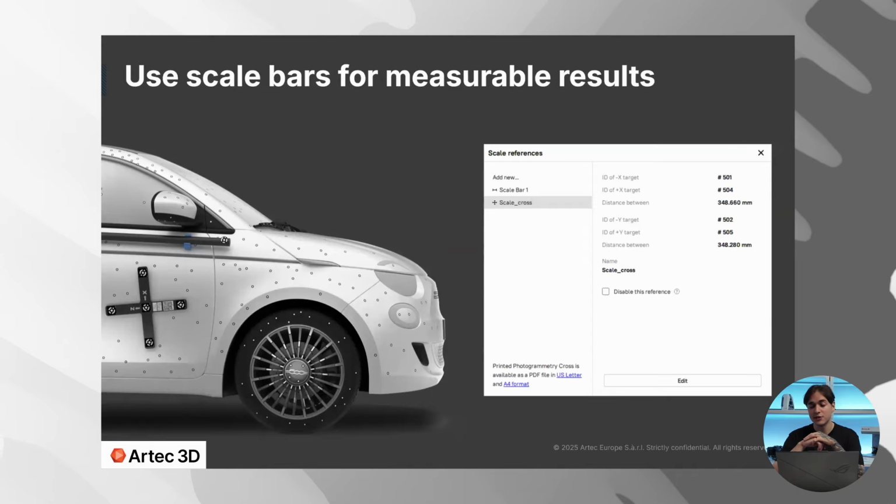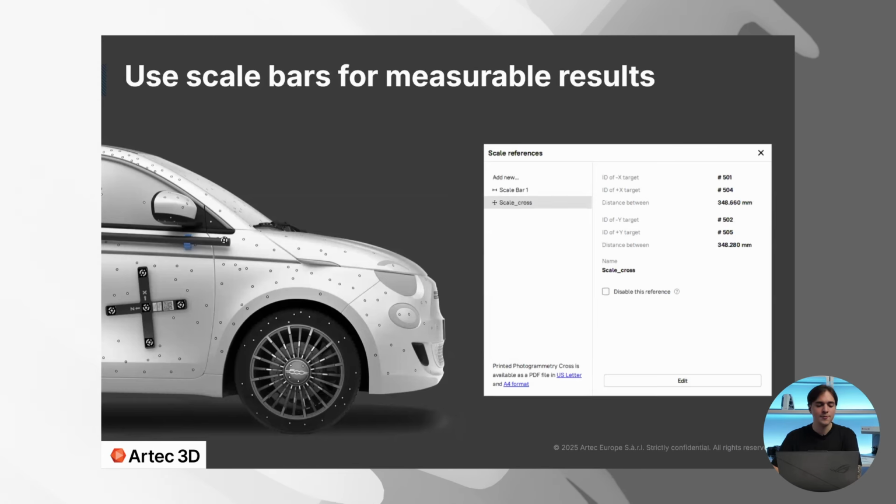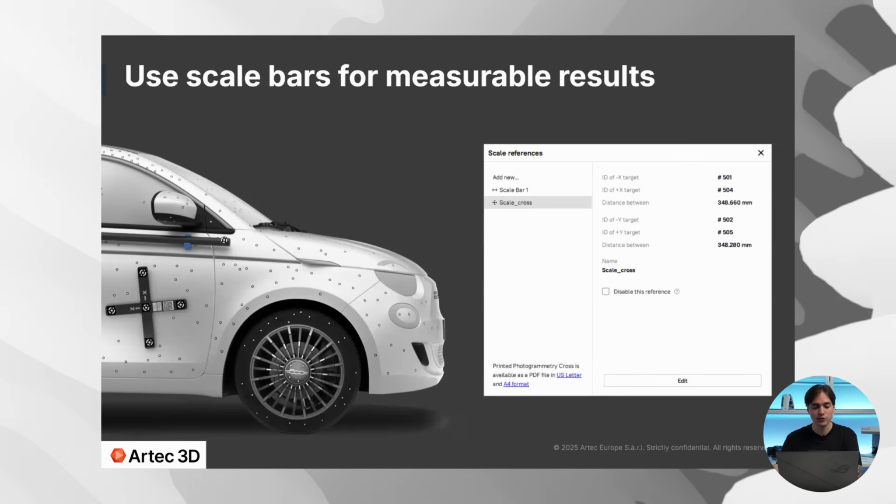You specify the distance between targets and you name your entity. And then if you have this scale bar or scale cross in your images, you're going to get proper measurable results. But still, of course, there are some rules to be followed.